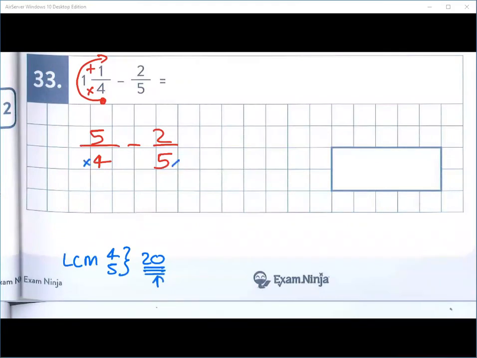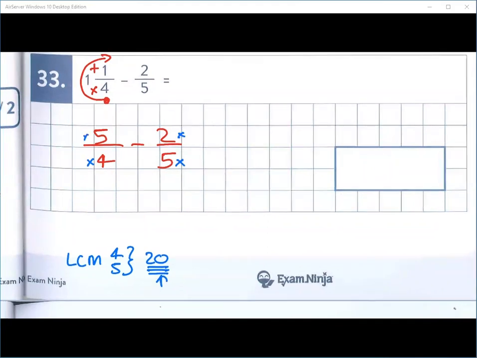So how do I change 4 and 5 into 20? You do 5 times by 4 and then the top times by 5 as well. And what was the other fraction? Then you times by 4 at the top and the bottom. Fantastic. So what you're doing in actual sense is multiplying each denominator by the other denominator.